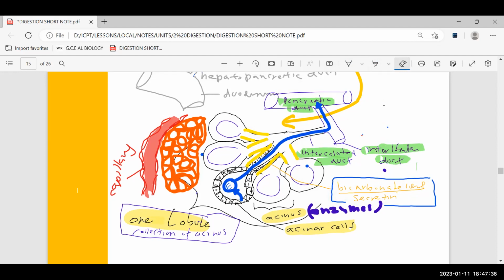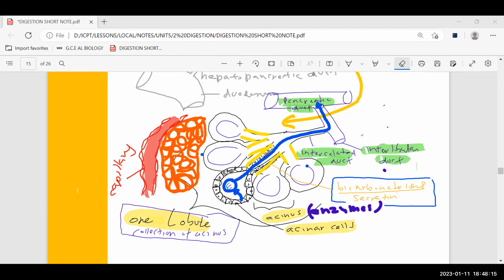Now, previously we have learned 4 enzymes, plus nucleases for DNA and RNA, and bicarbonate. Trypsin, chymotrypsin, amylase, lipase, 4 enzymes plus nucleases. So altogether 5 enzymes. The 6th one is not an enzyme, it is bicarbonate ion.